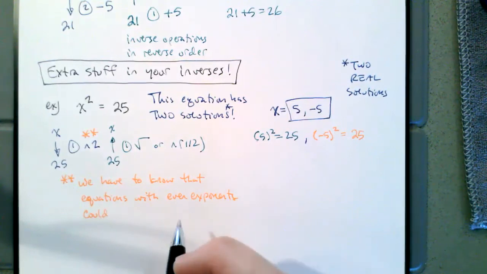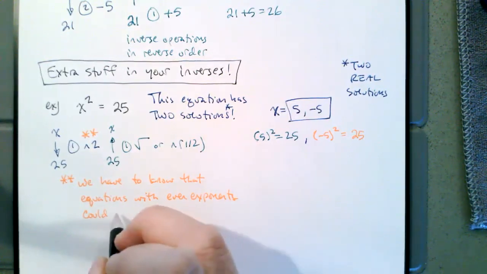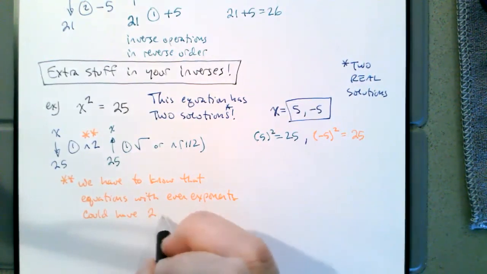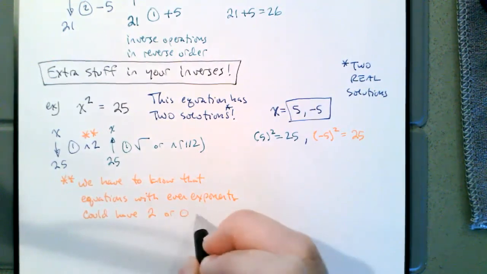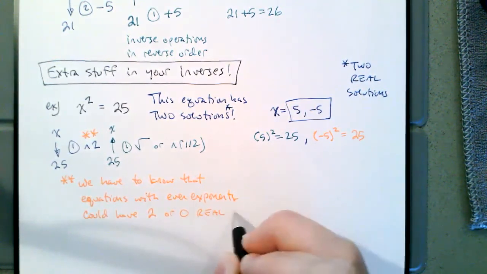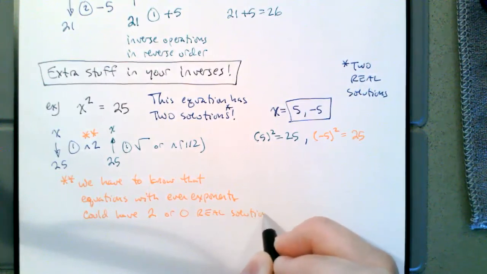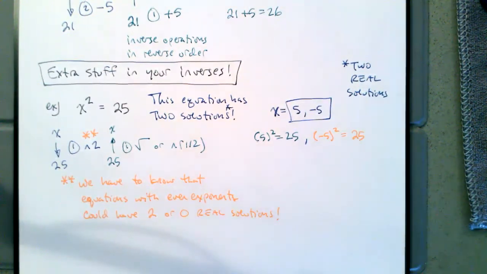It could have one, but then it'll be very clear. That's something that we have to know. The machines don't tell us that. We have to know that extra stuff. The machine will deliver us the 5. We have to remember that there's also the -5.